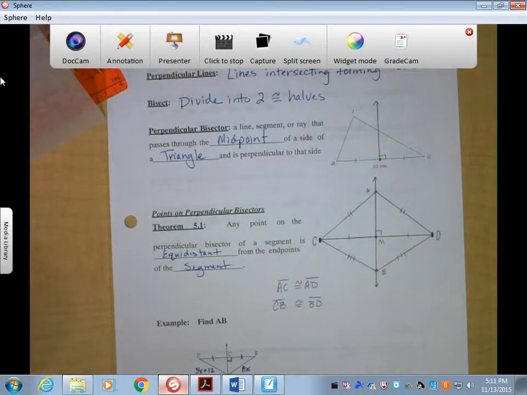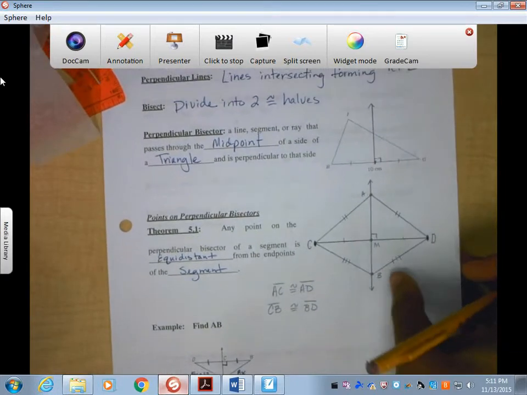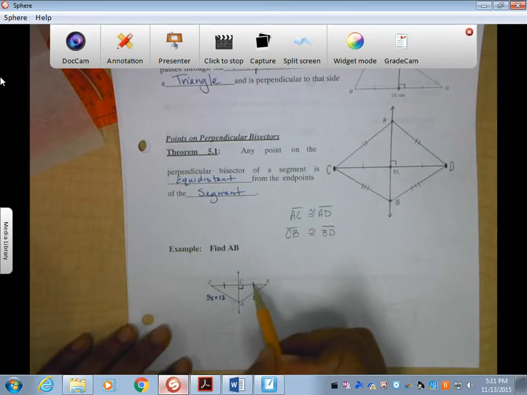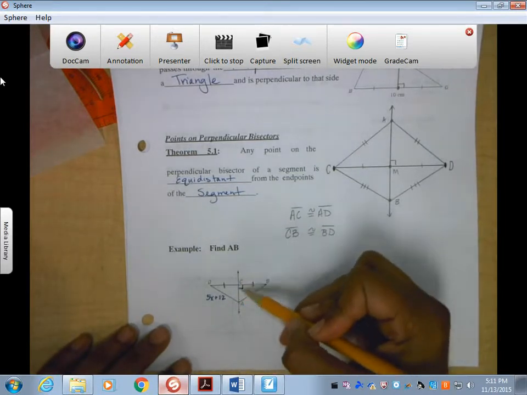And if I see your example here, and I know your copies might be kind of bad, because I have the tick mark in the box, I know this line here is the perpendicular bisector.